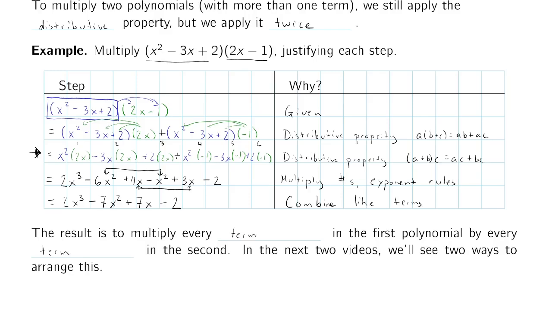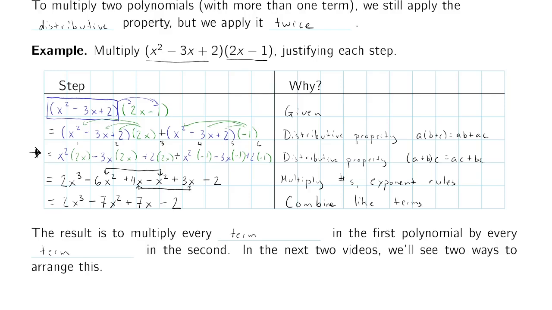And that's what we need to do when we multiply two polynomials. Just like when we're doing long multiplication with numbers, we end up multiplying every digit in the first number with every digit in the second and then keeping track of the place values. We do the same thing when we multiply two polynomials.